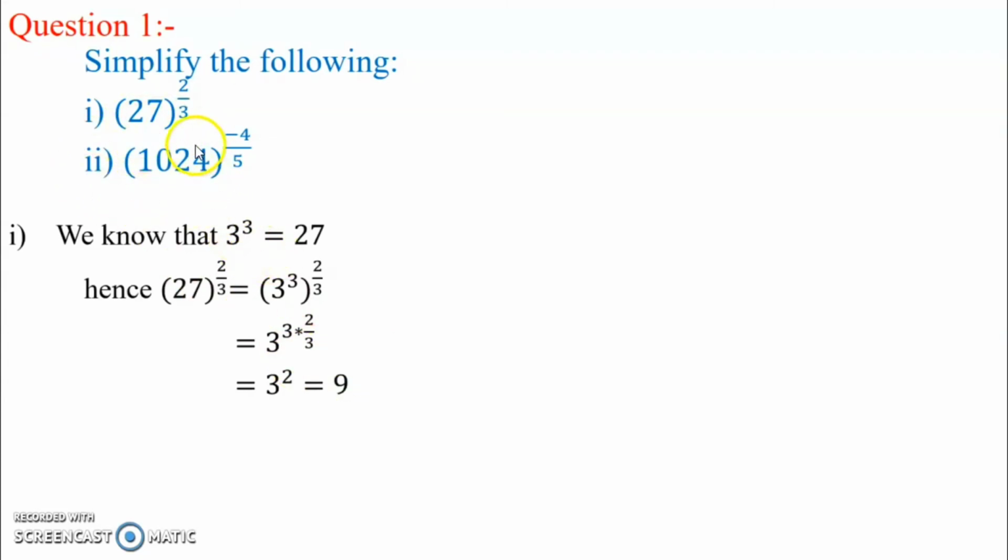Now for the second one, like we have done here, 27 equal to 3 raised to 3, in a similar way you have to find the factorization of this number 1024. Many of you are aware how to find the factorization, but for those who don't know or who have forgotten, let me revise here.